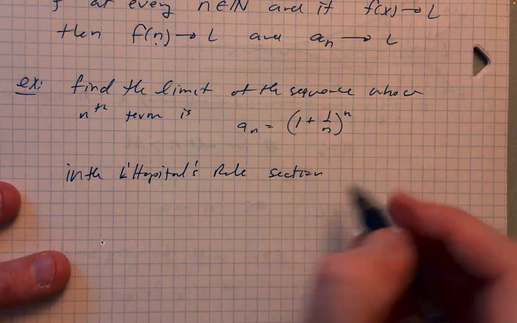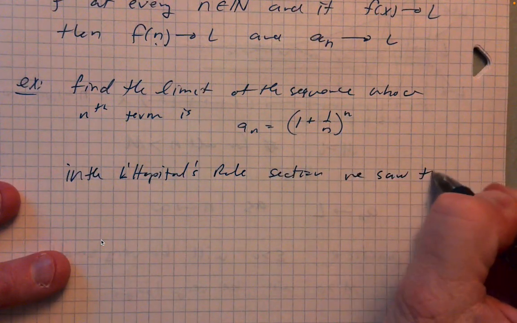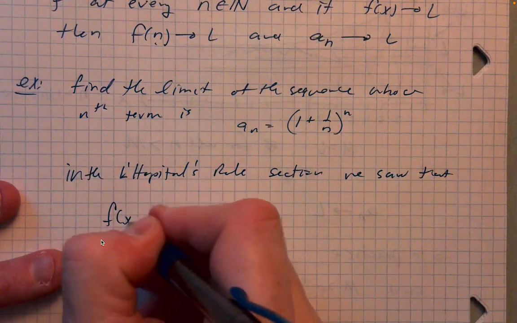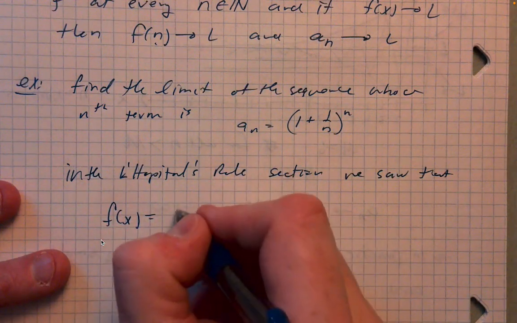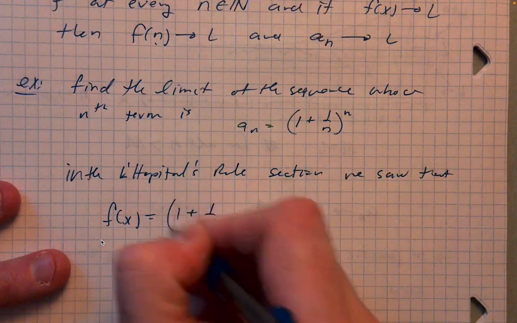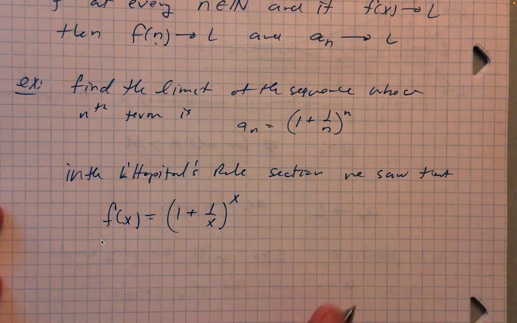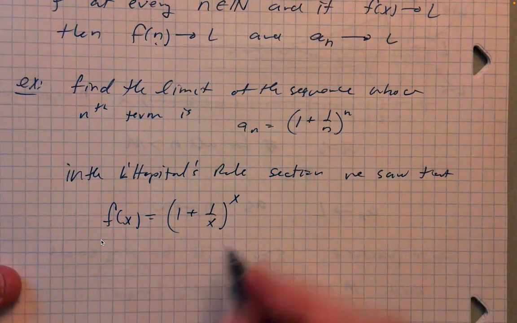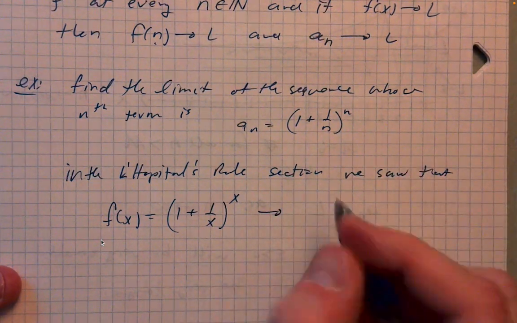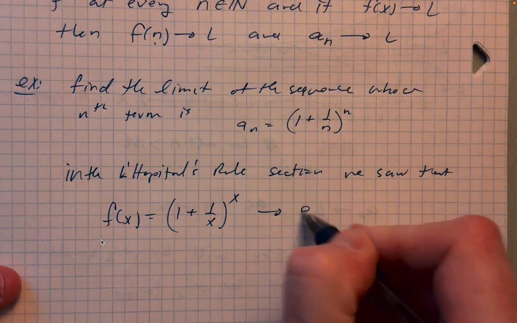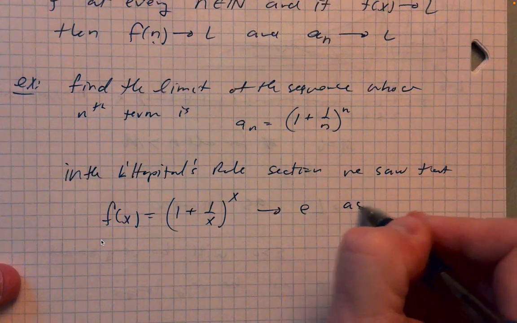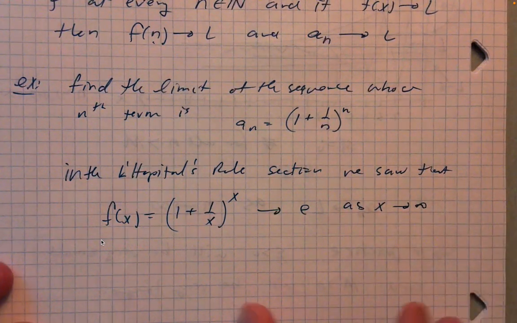We saw that the function f of x equals 1 plus 1 over x to the x power tended towards e as x grew to infinity.